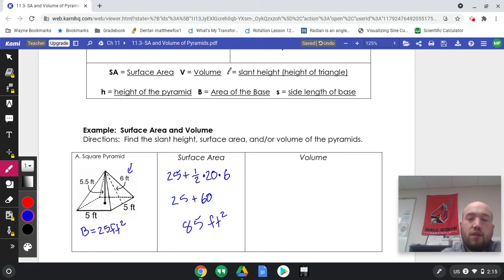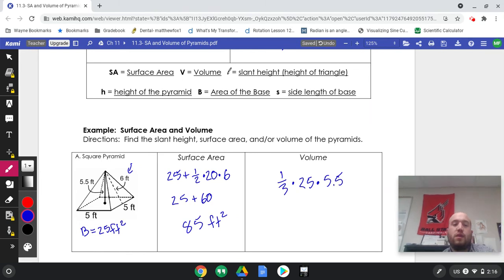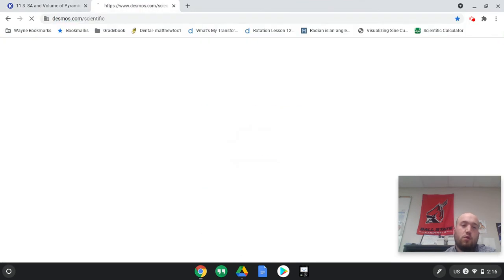Now over here, for the volume, it is just 1/3 times the area of the base, which is still 25, and times the height, which in our case is 5.5. That's the height of the whole shape, which will be in the middle, from the middle of the base up. Okay, so we might want to use Desmos for that one, desmos.com/scientific.